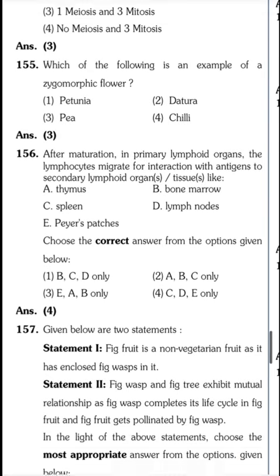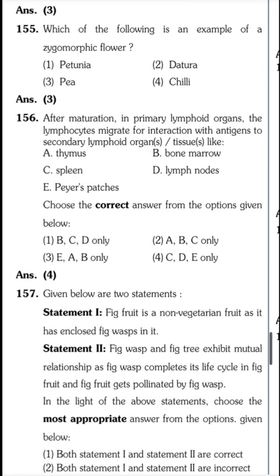After maturation in primary lymphoid organs, the lymphocytes migrate for interaction with antigens to secondary lymphoid organs. This is the immunity topic we are discussing. So secondary lymphoid organs, what are those organs? Is it thymus, bone marrow?